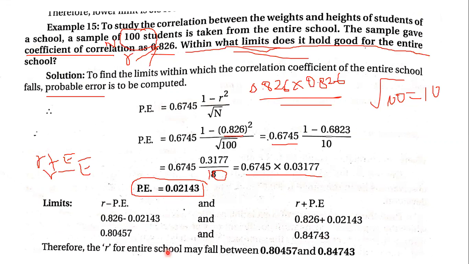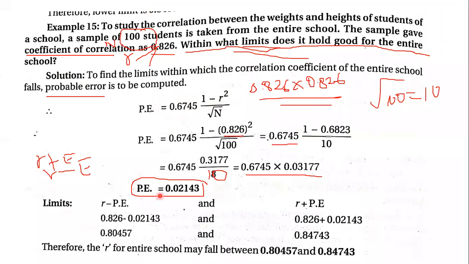So now we have got for the entire school. Can you all hear me? So we found out R minus PE and R plus PE. So for the entire school, the correlation coefficient should fall between 0.80457 and 0.84743.